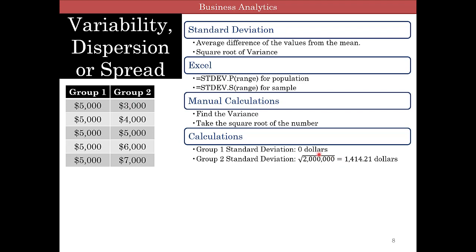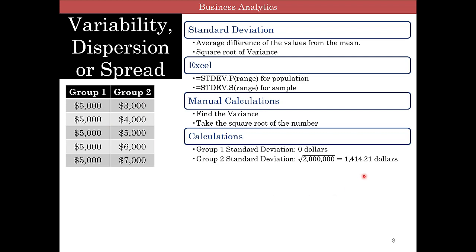So here group 1 standard deviation is $0. Group 2 is $1,414.21, and this makes intuitive sense. So we're saying on average, group 1 and group 2 have $5,000 as the average, that is your mid value. But this has $0 standard deviation, which means you can expect each one of those values to be 5,000.